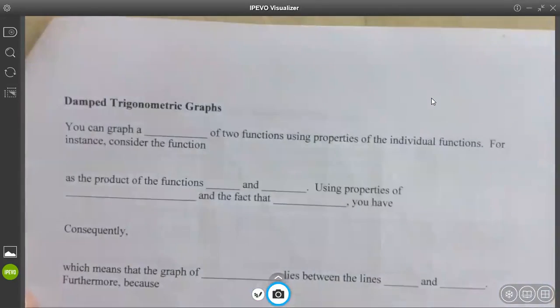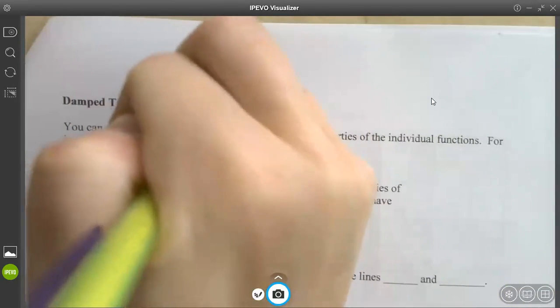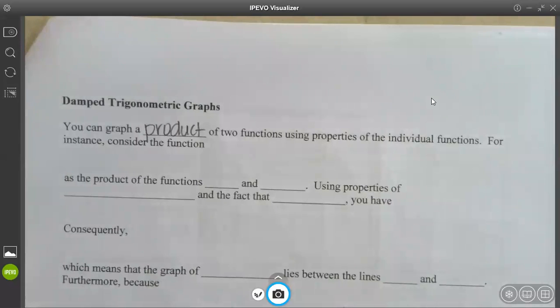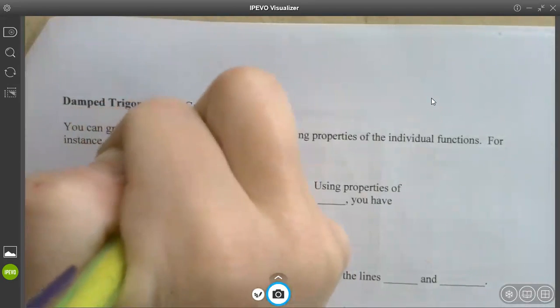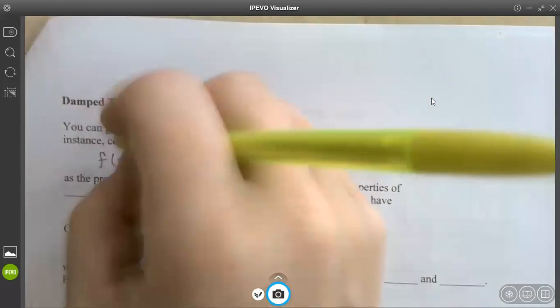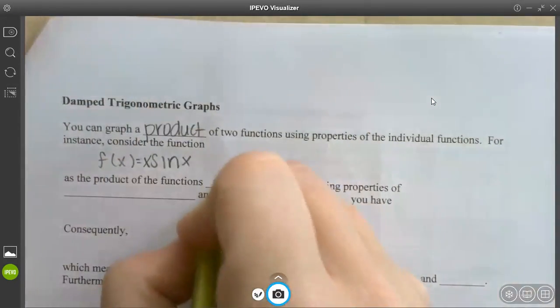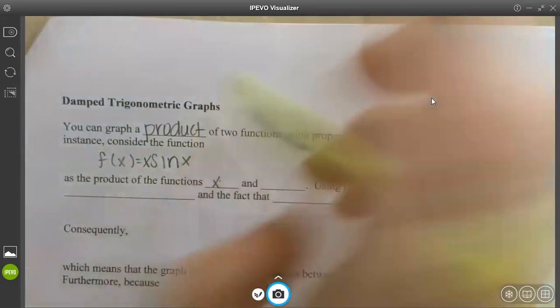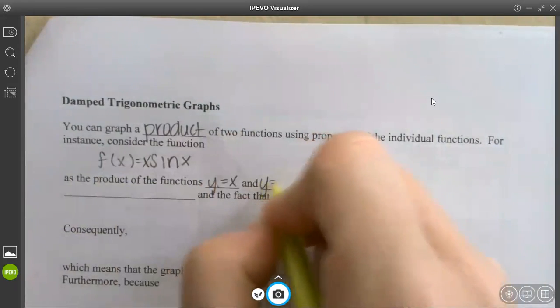Damped trig graphs. You can graph a product of two functions using properties of the individual functions. For instance, consider the function f of x equals x sine x as the product of y equals x and y equals sine x.